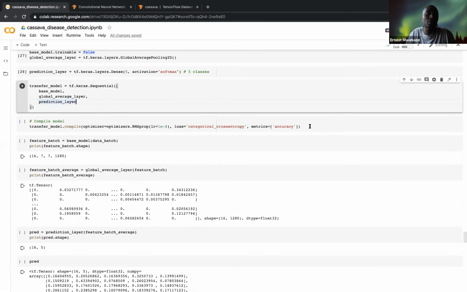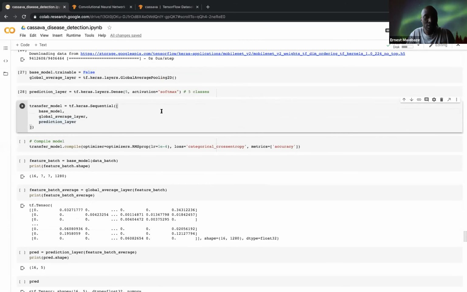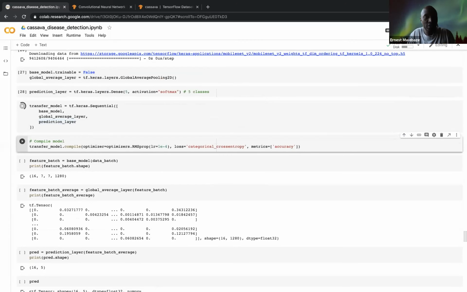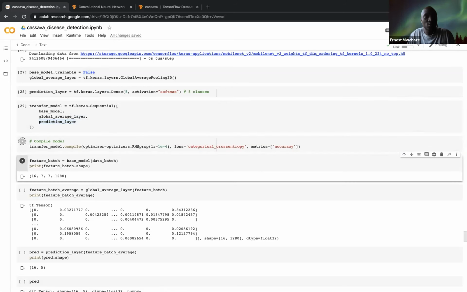We can fit our data to this model. Okay. So build a model. And one idea, of course, could be that you could add several other layers here. You could add other convolutional layers. You could add some more dense layers. You could make it more interesting and see if it works better. Okay.